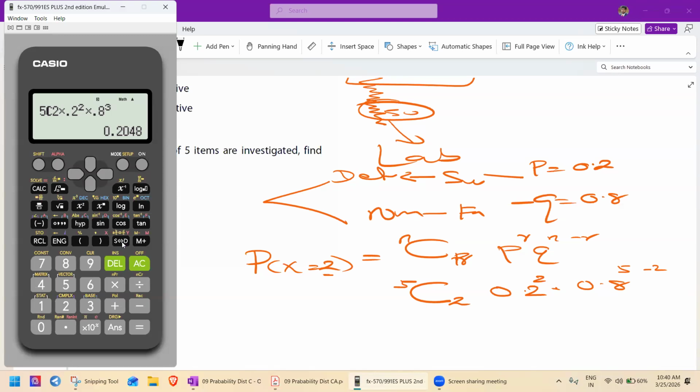Probability is 0.2048. So probability is 20.48.